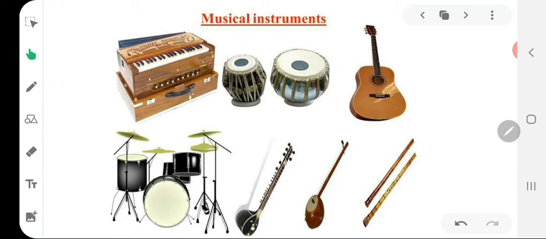In any stringed instrument, the string is plucked either by the hand or by any suitable device, due to which the string starts vibrating and that produces sound. So be it a violin, guitar, sitar. In a flute, the air inside the flute is vibrating.